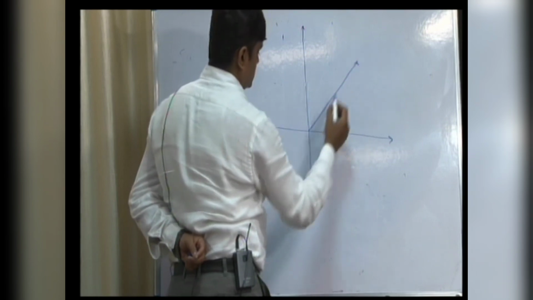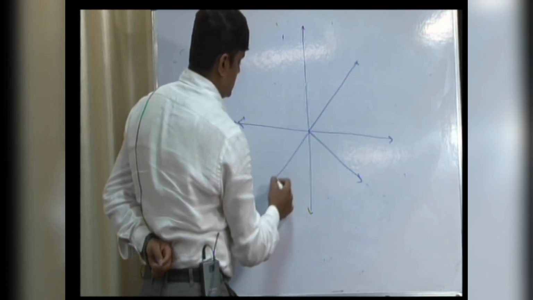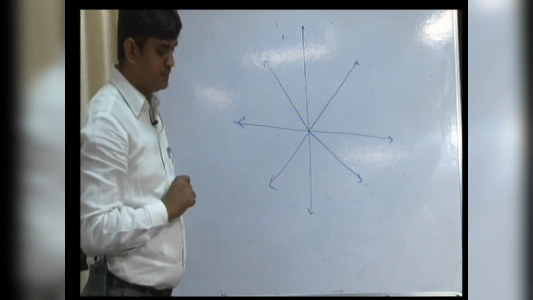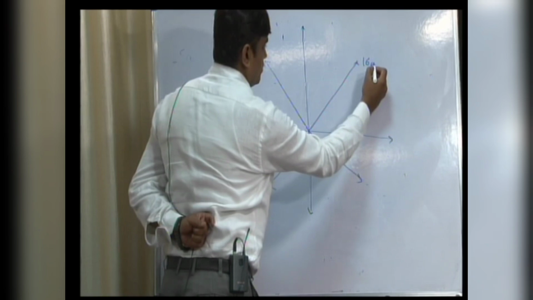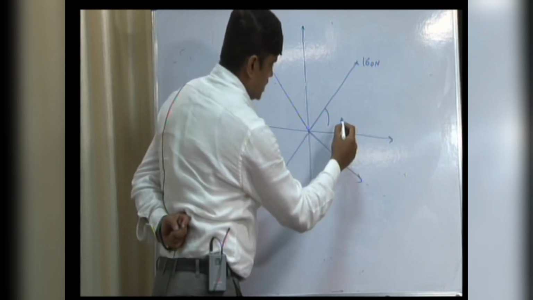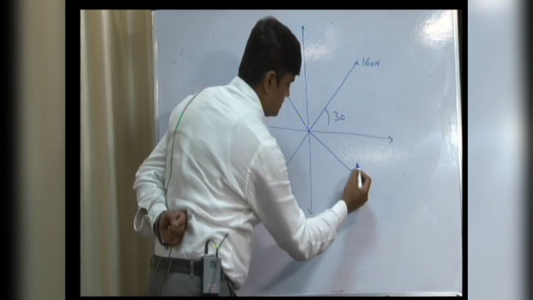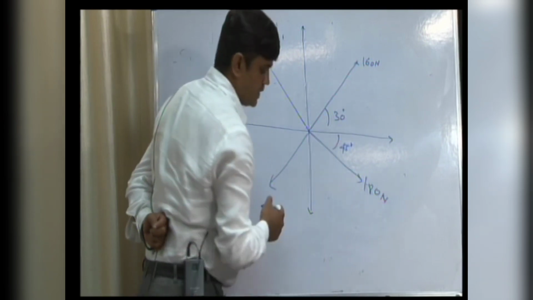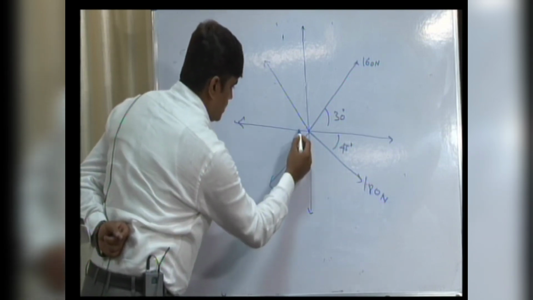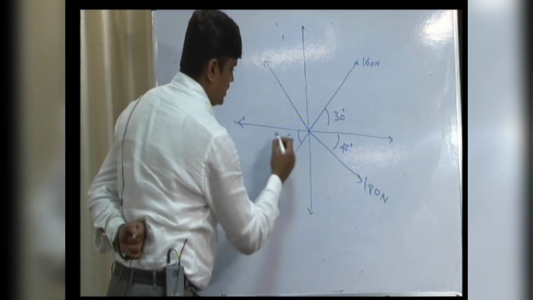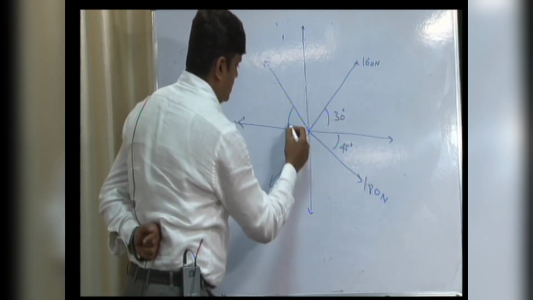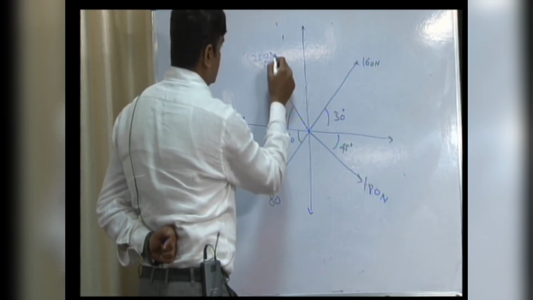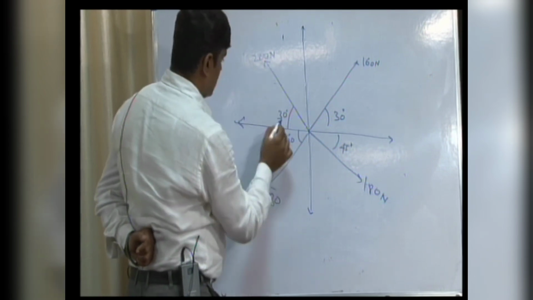First force in the first quadrant, second quadrant and third quadrant: 160 Newton making an angle of 30 degree, 180 Newton making an angle of 45 degree, third one 80 Newton making an angle of 60 degree, and the fourth one is 200 Newton making an angle of 30 degree with the x-axis.